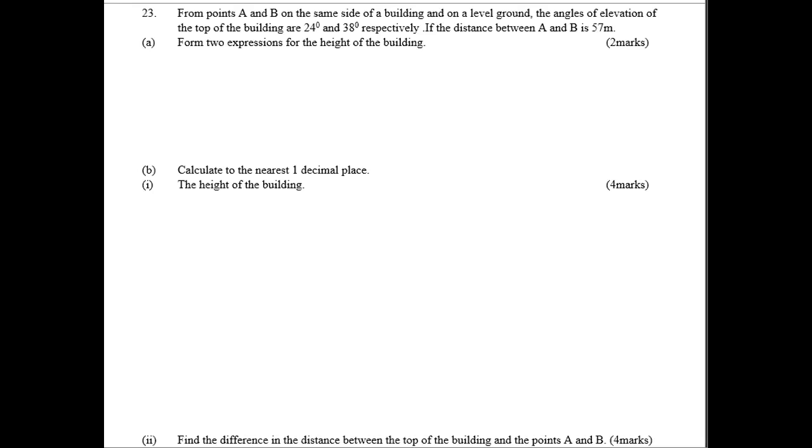So I'm imagining this point A is at the roundabout and the point B is at the starting of the stairs. We are looking at the top of Moi Kibaki Amphitheater. We're told that the distance between A and B is 57 meters, and the angles of elevation are given there. We're supposed to calculate the height of that building.